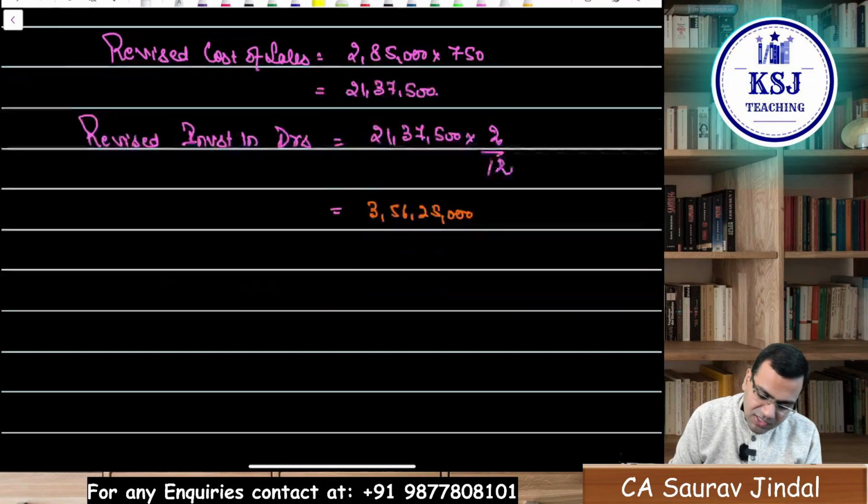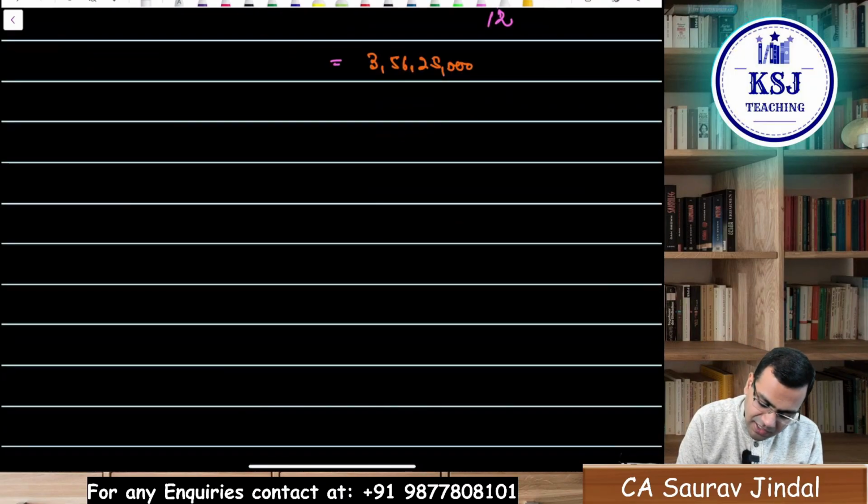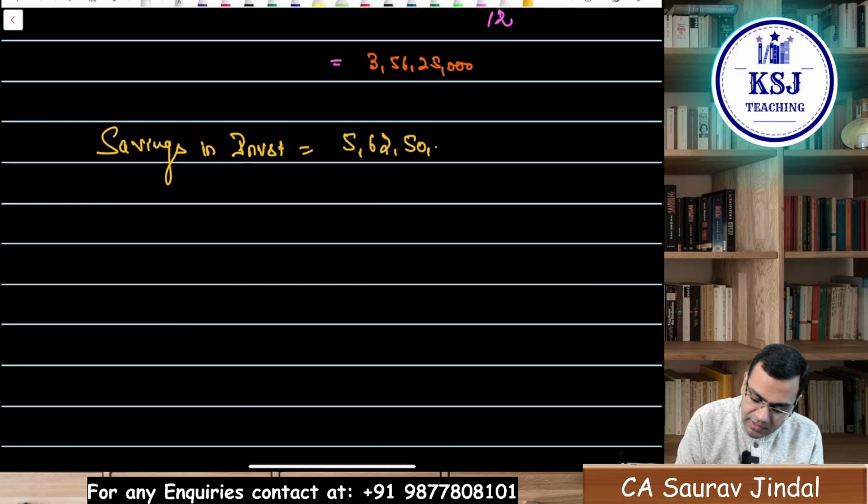What is your savings in investment? Earlier investment was 5 crore 62 lakh 50,000, revised is 3 crore 56 lakh 25,000, so that means a savings of 2 crore 6 lakh 25,000.